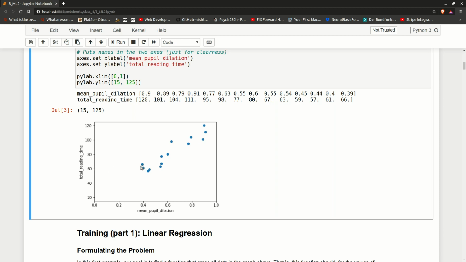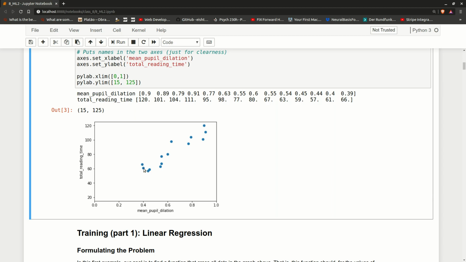When x equals 0.39 or something like that, then y equals a value like 65. When x equals maybe 0.42, y equals 50 something. So we already know, these dots give us information about what the y should be when the x is a certain value, right?